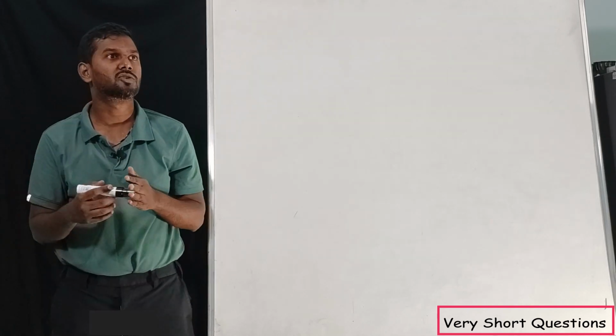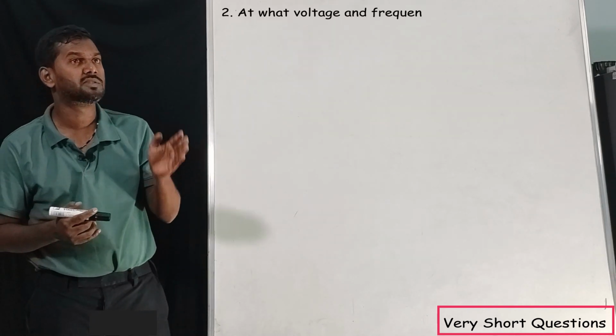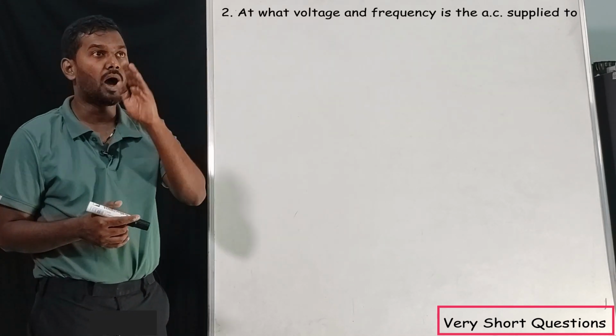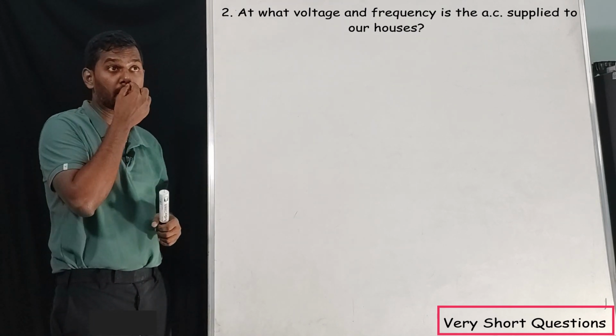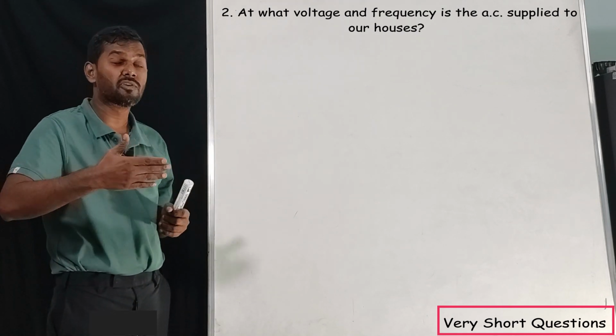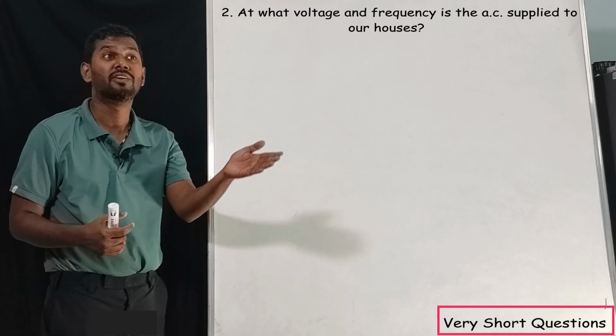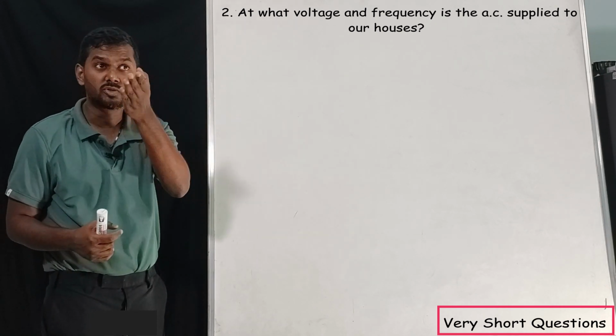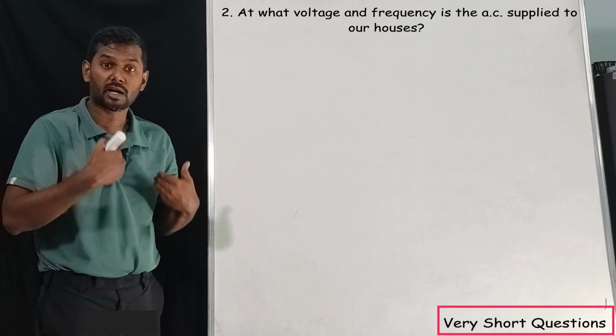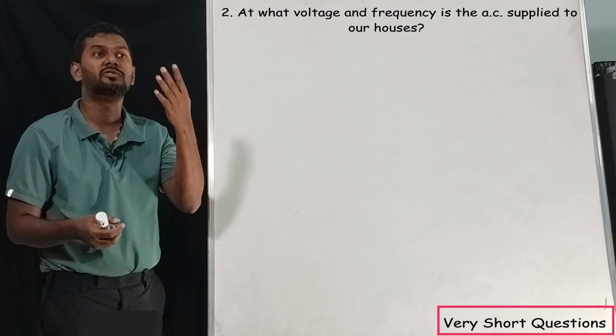That's it. Our next question, at what voltage and frequency is the AC supplied to our house? When they are talking about voltages, it is different in different cases. At the power generating station, it is 11 kilovolts, but this question is about houses. For our domestic purpose, how much voltage we are receiving?